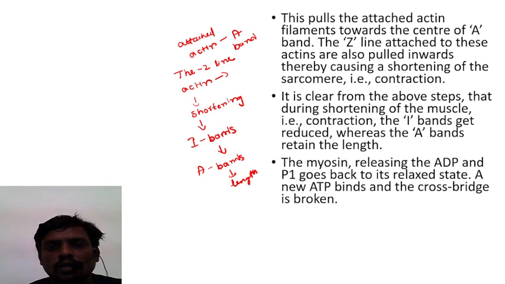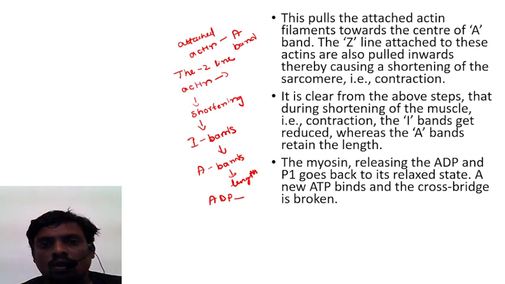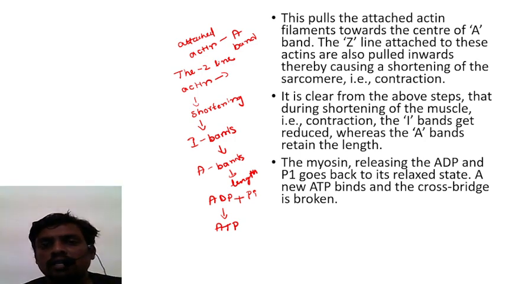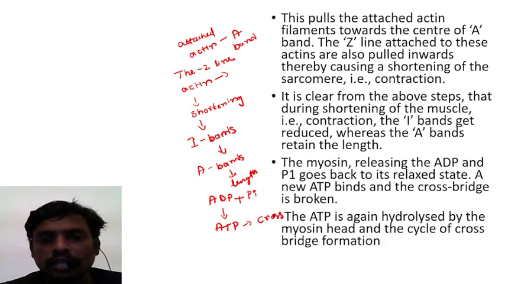Finally, the myosin releases ADP, adenosine diphosphate, and goes back to a relaxed state. Now, when the ADP binds to one phosphate molecule, it leads to formation of another ATP molecule. After formation of ATP, the cross bridge will be broken.